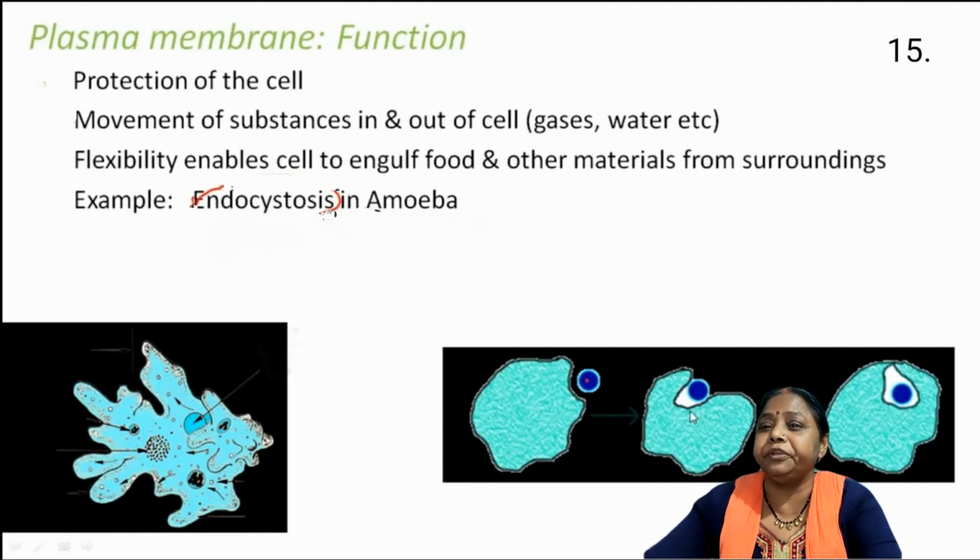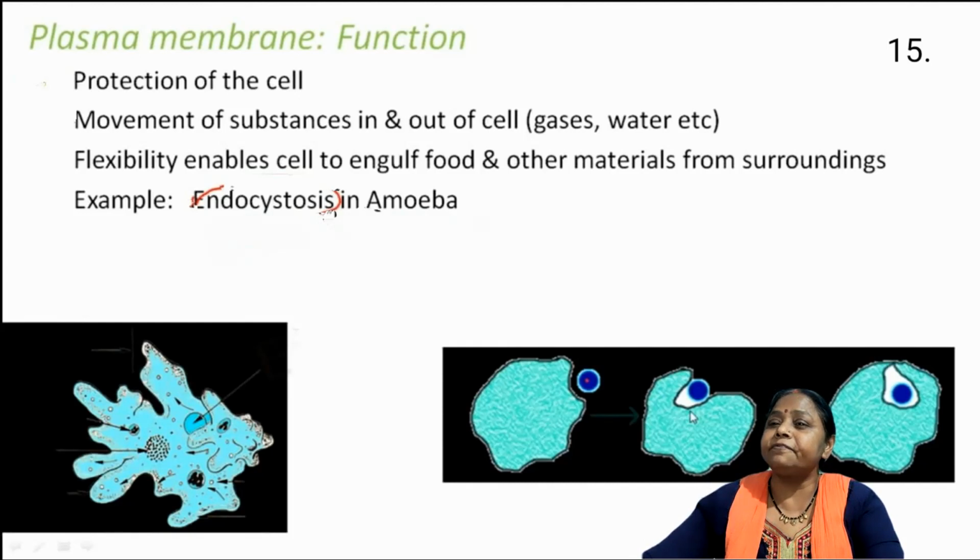Now I will explain the meaning of endocytosis. It is a process by which an amoeba engulfs its food from the surroundings inside its body with the help of the plasma membrane. This plasma membrane is very flexible, and whenever food particles come near the amoeba cell, its plasma membrane gets a depression, and it becomes more and more depressed in such a way that it starts engulfing the food.